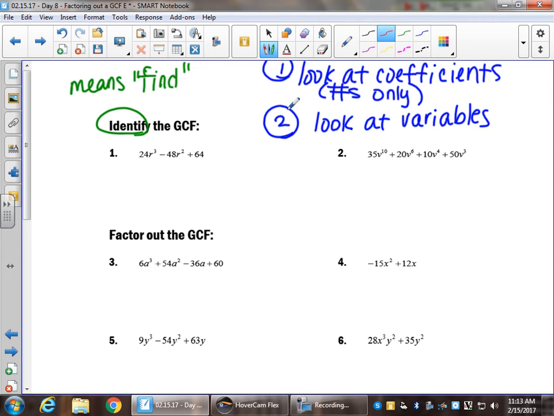Largest number. 8. Now let's look at the variables. Does an r divide all three of those terms? No, because 64 doesn't have an r attached to it. So we're done. Our greatest common factor is 8.